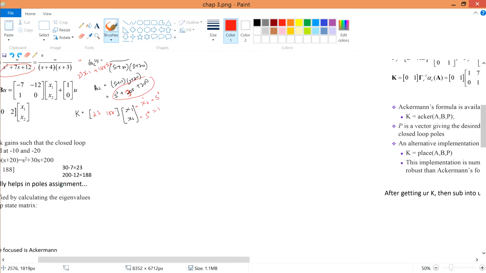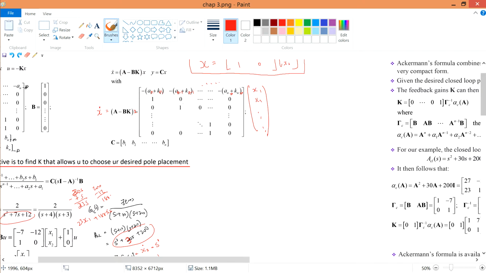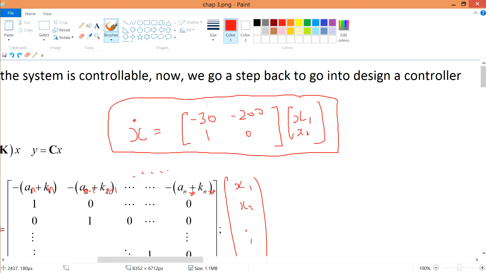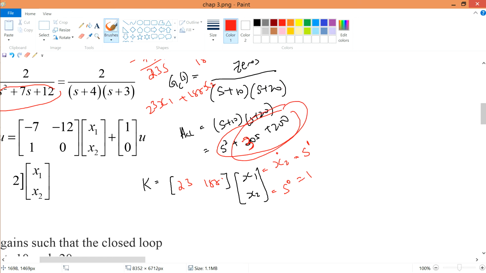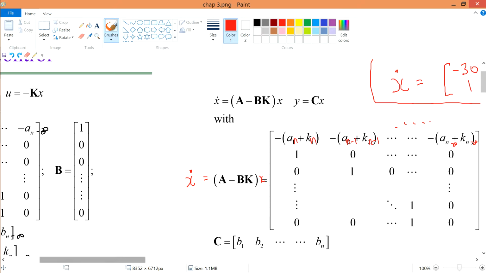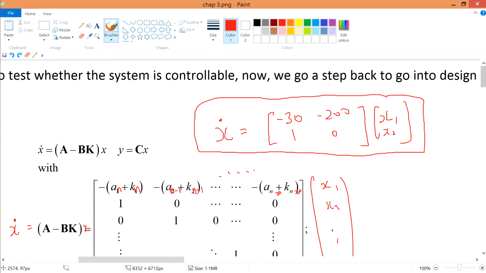You cannot straight away write it in terms of this one, although we can, but I will not go into details. You know this can be re-represented into the state space of this one.